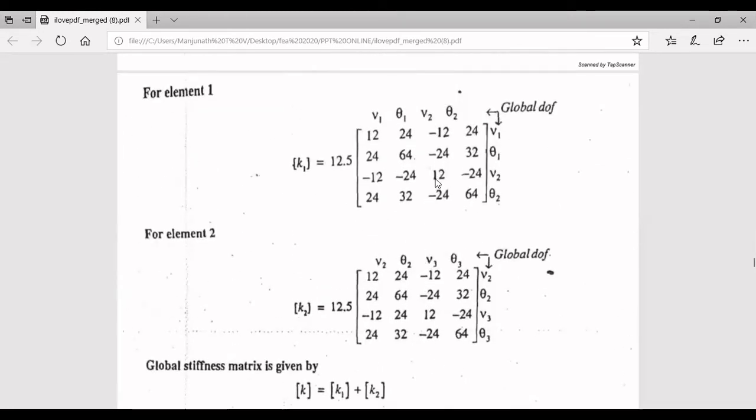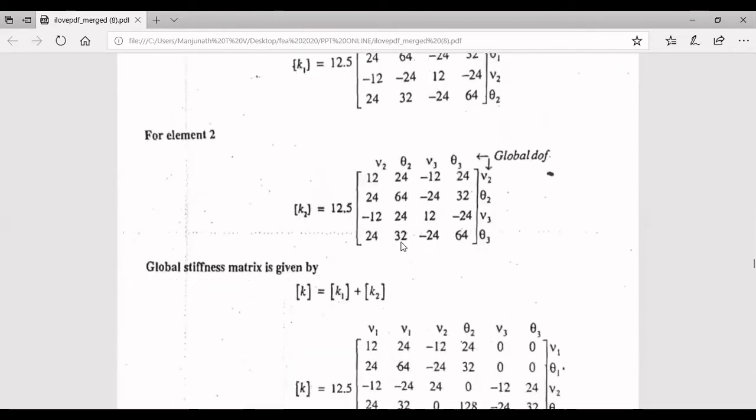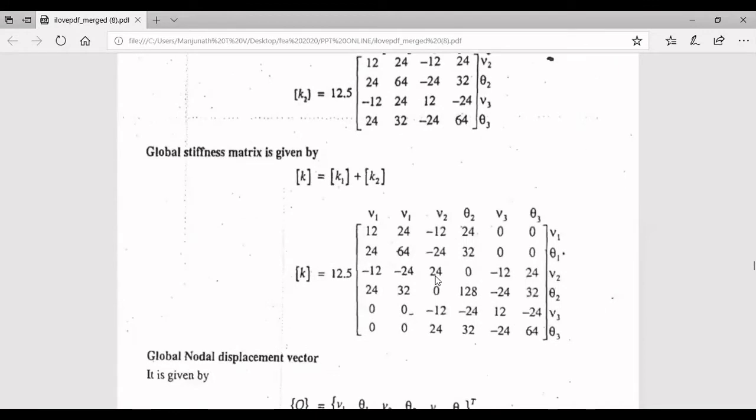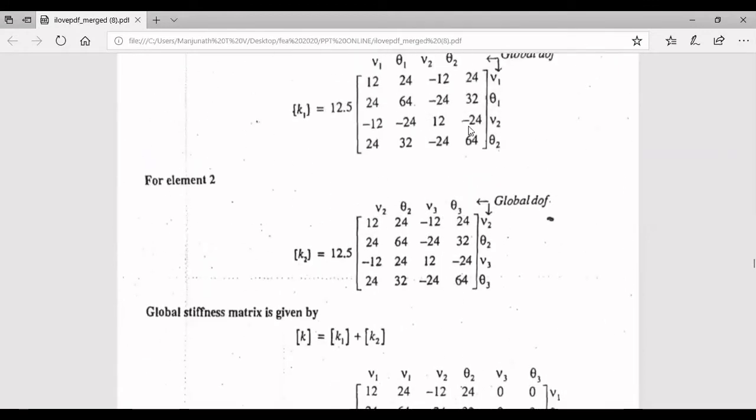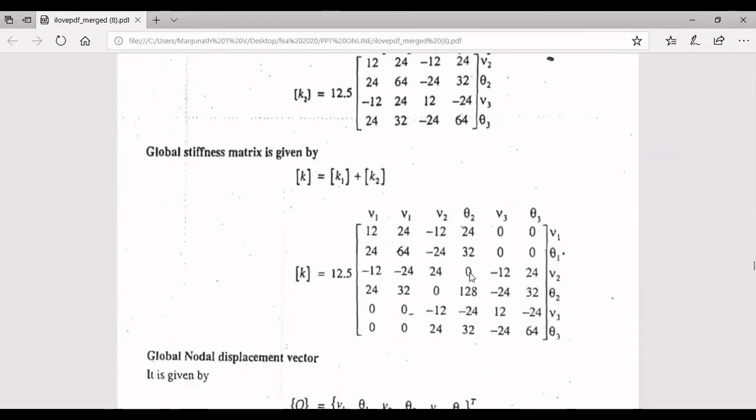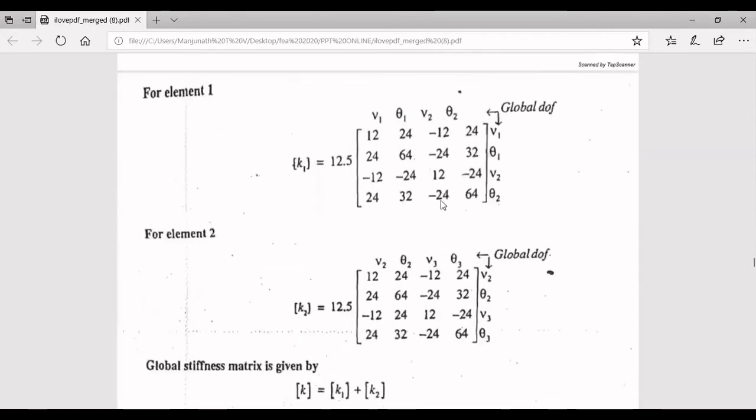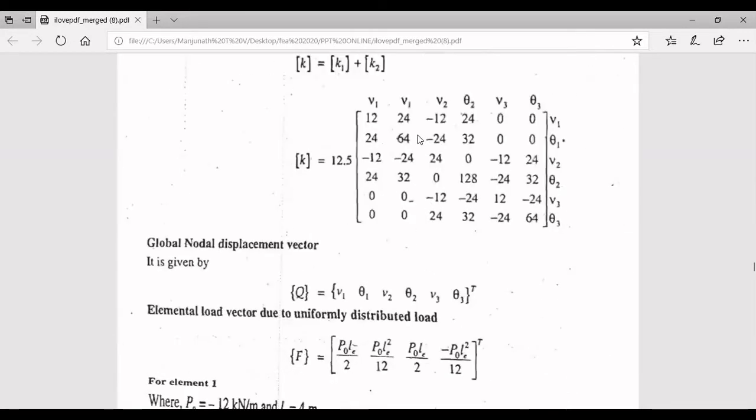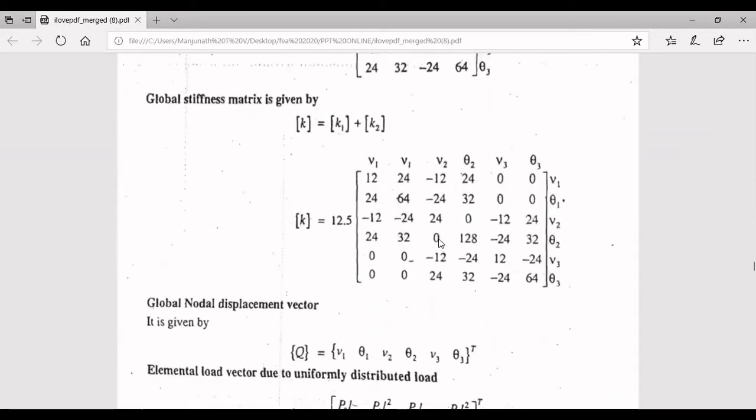Here, Ke1 has 12 and Ke2 has 12, both with positive sign, so 12 plus 12 becomes 24. Then from the second coefficient, minus 24 here and plus 24 there, it becomes 0. Similarly, minus 24 here and plus 24 there, it becomes 0.